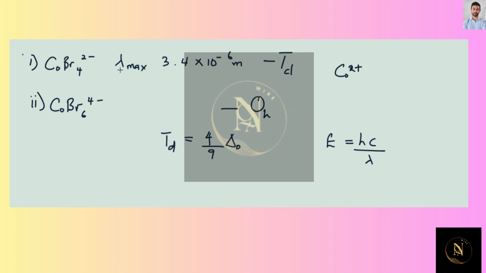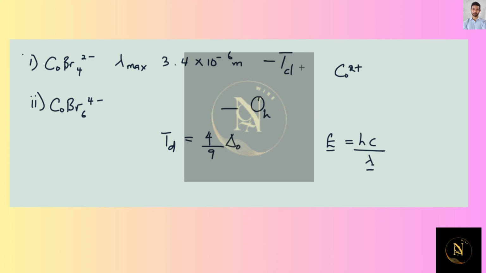So this has lower energy of absorption compared to this. So energy and wavelength are inversely proportional. So if energy is high, wavelength is going to be low. And if energy is low, wavelength is going to be high.